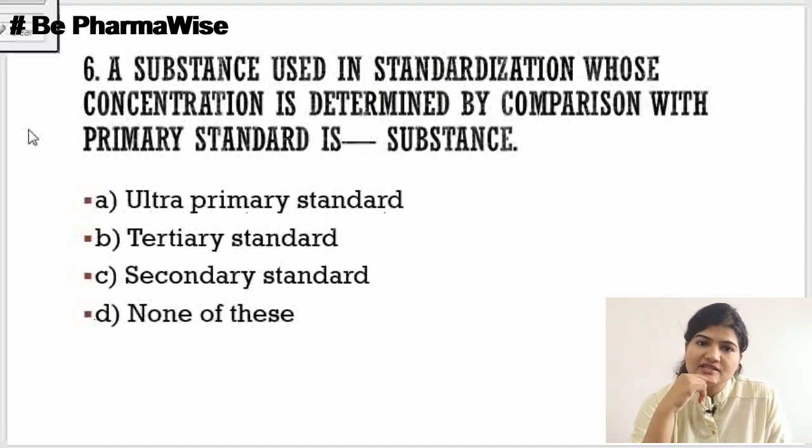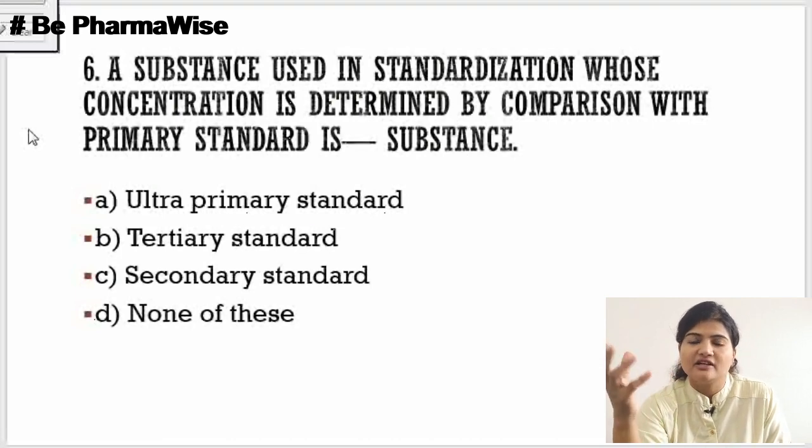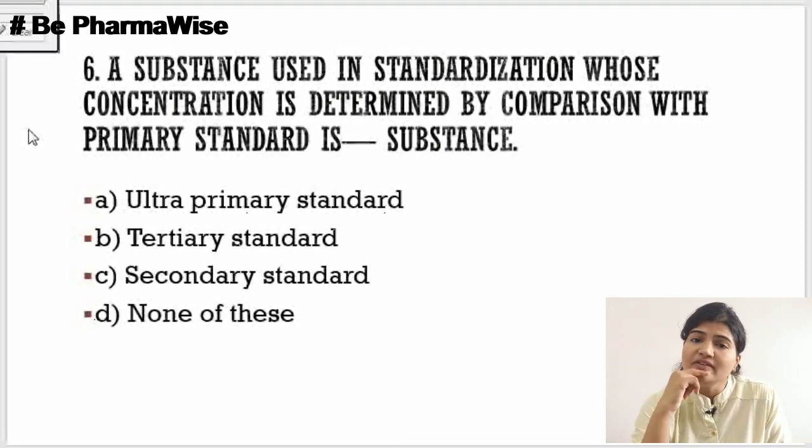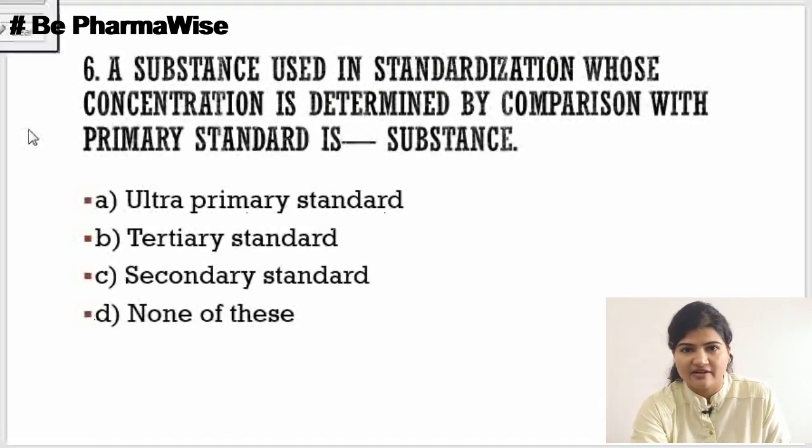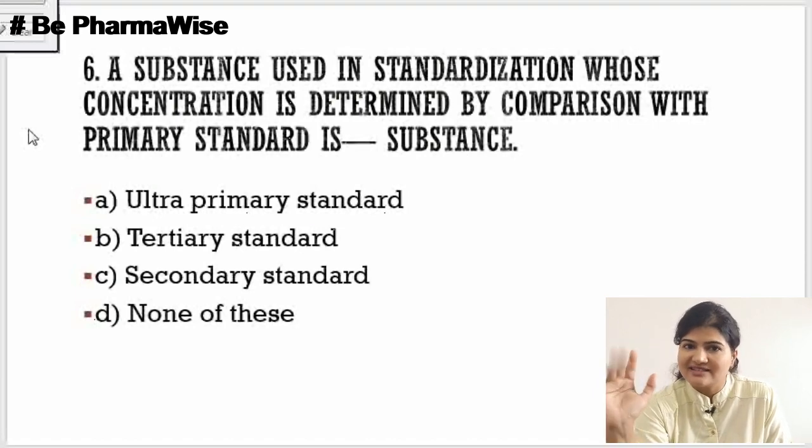Now for analysis, we cannot every time get a primary standard substance, we have to work with secondary standard substances many times. Now how will we determine the quality or concentration of a secondary standard substance? We do it by comparing the concentration of the secondary standard substance with a primary standard one, and this process is called standardization.